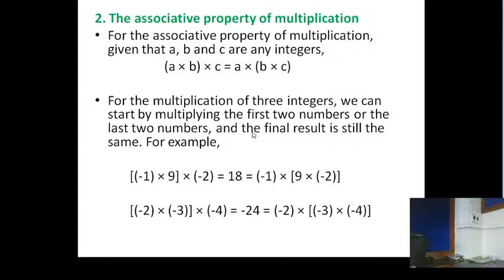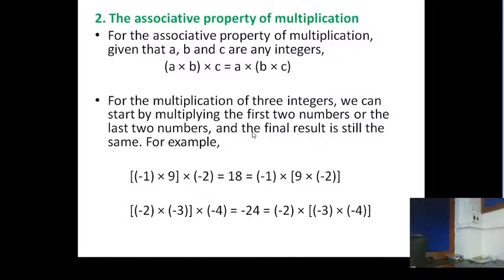Right? What is the example? Let's say here, minus 1 multiplied by 9 multiplied by minus 2. Now let's see, we just multiply these two, the answer is minus 9. Minus 9 multiplied by minus 2, the answer is 18. The same we can write like this, minus 1 take it out and this one in the whole bracket, right? So just write down this one, the associative property of multiplication, this one and this example, right?